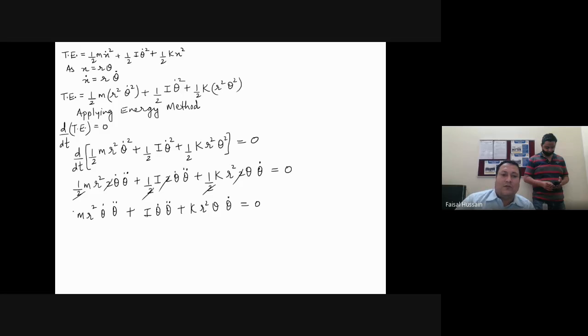Now what do we have to do? See here, in these two terms we can take acceleration as common. So this will imply m r square plus I.